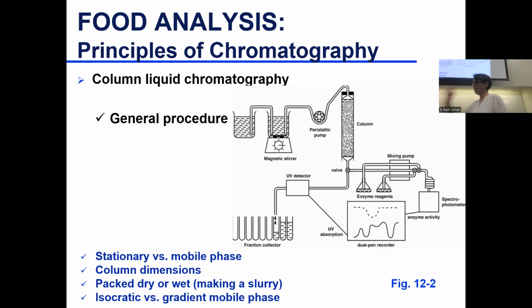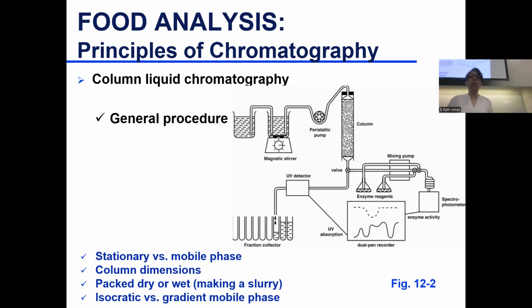Running water, we're running water throughout. Running buffer throughout. Hexane, acetonitrile, 100%, isocratic. We're not changing anything about our mobile phase. We're not even changing the rate, how many milliliters we're pumping per minute. We're not changing the temperature. We're not changing anything. Isocratic.